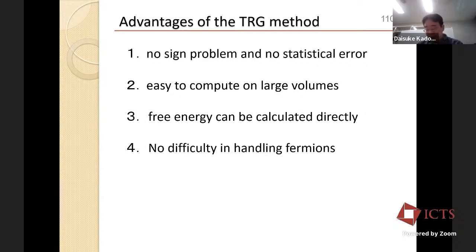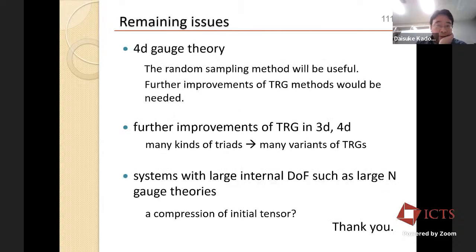Of course, scalar fields and gauge fields can be handled in the TRG method using some discretization scheme. And we have many remaining issues.